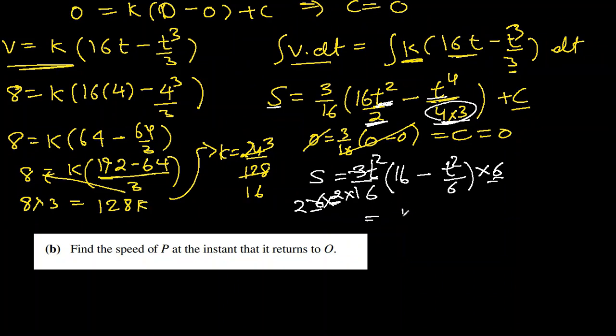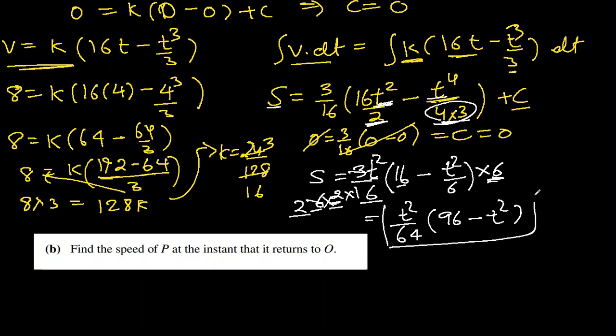T square only on top, over 2 times 2, 4, 4 times 16, 64. Now this 6 will multiply with 16, 96. Minus, when this 6 multiplies with t square over 6, 6 and 6 will cancel. That's why I chose 6. So it will be just t square left, and I think this is the one they wanted to arrive at.